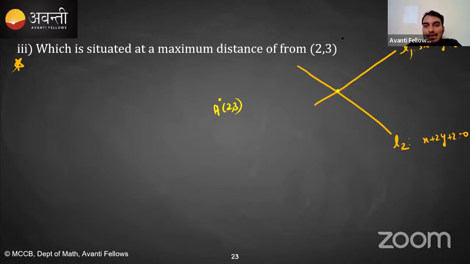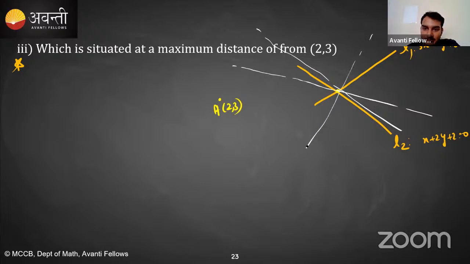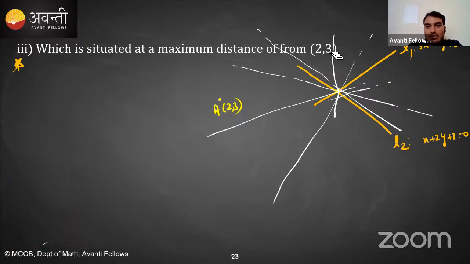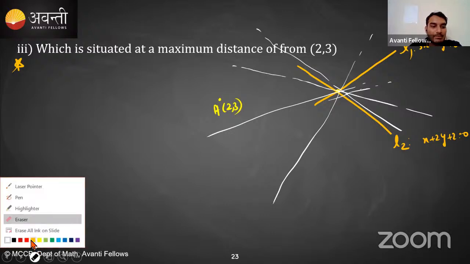There will be so many lines. One line passes like this, one like this, another like this. There will be infinite lines, and among the infinite lines we are trying to find which line is situated at the maximum distance.